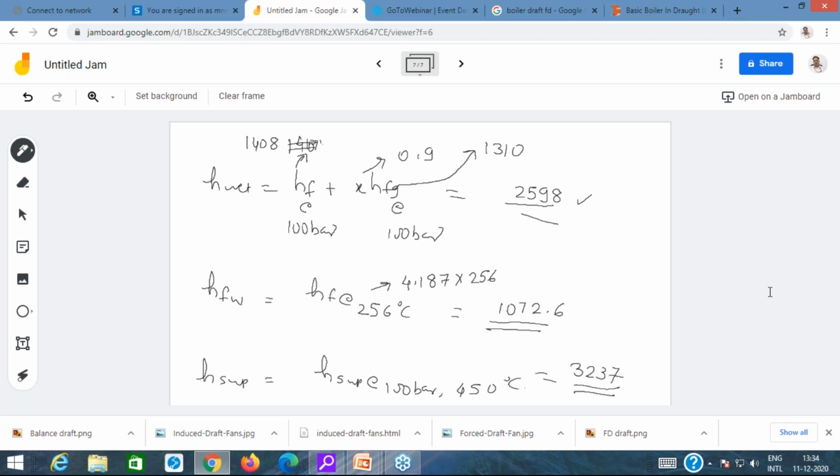So please make sure that you are getting these values: 2598, 207, 1072 and 3237. Please ensure that you are getting these values correctly. Gargi, have you got these values? Gauri Jagtap, whether you have got these values? Sharwari.